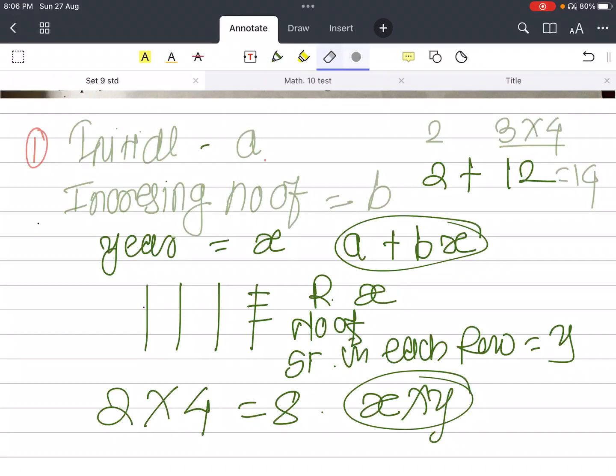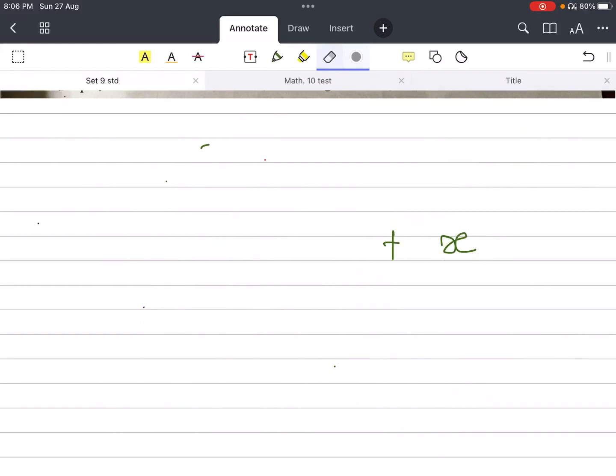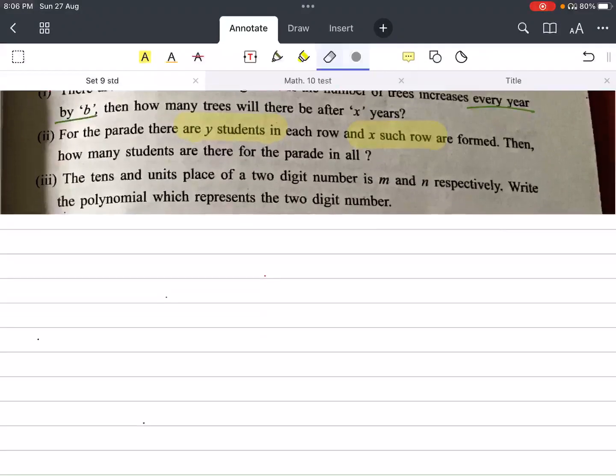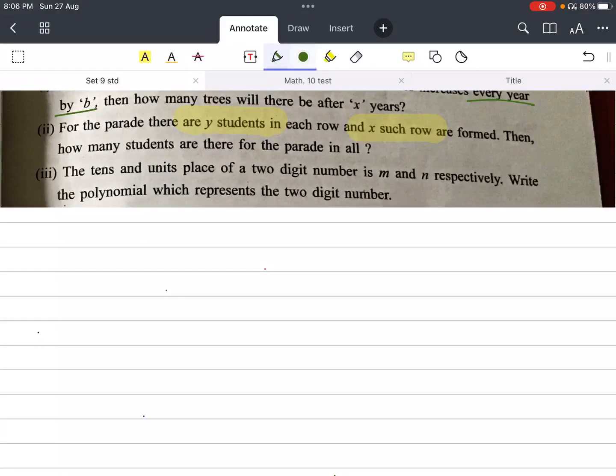The next condition, the third example, is a similar example, and we have to talk about this example. First of all, we will understand the question. The tens and units place of a two-digit number are m and n respectively. Write the polynomial which represents the two-digit number.